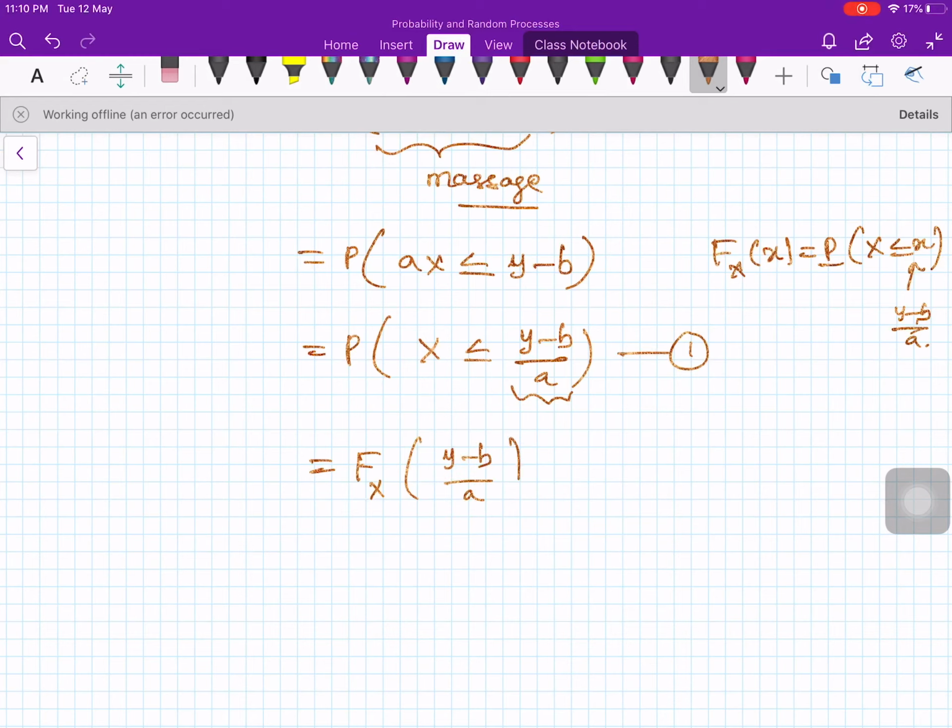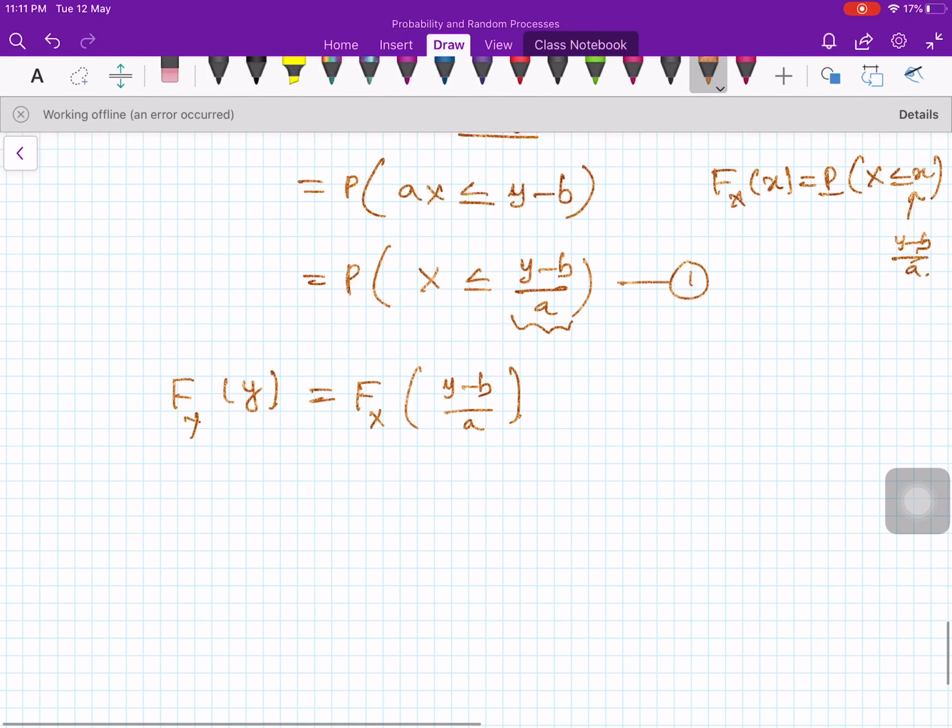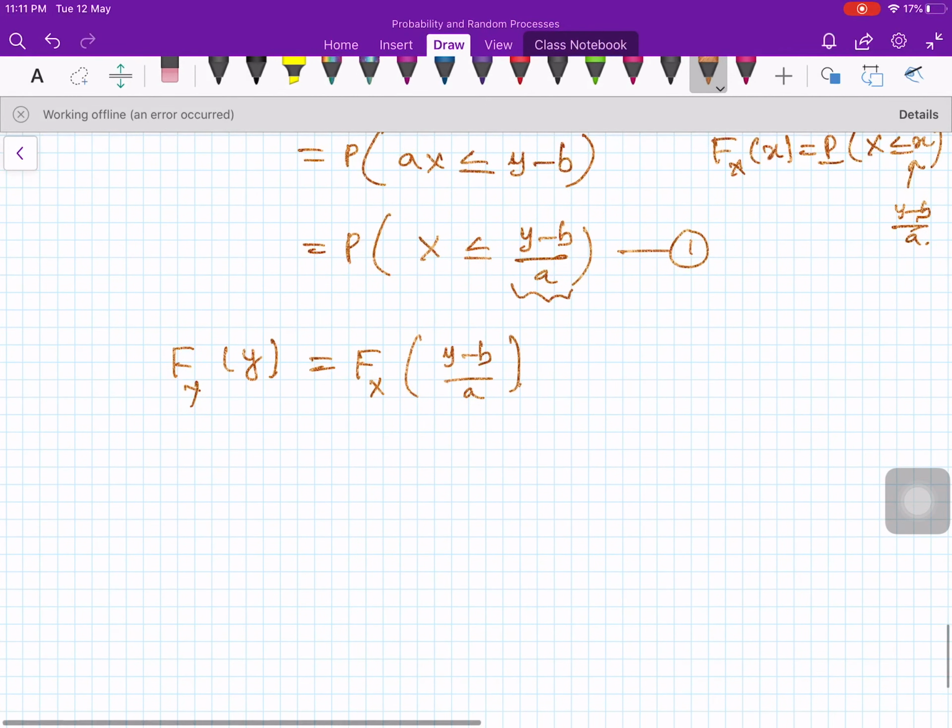That's it. So on the left hand side I have Fy of capital Y. Now we got a formula for the cumulative of y. This is the CDF of y, and this is the CDF of the original random variable x. So we have two CDFs now, the CDF of y and the CDF of x.